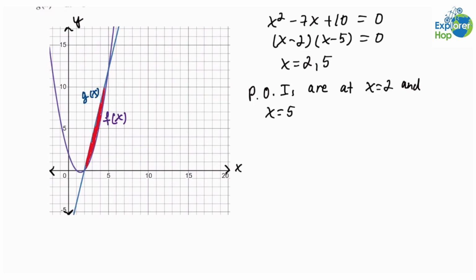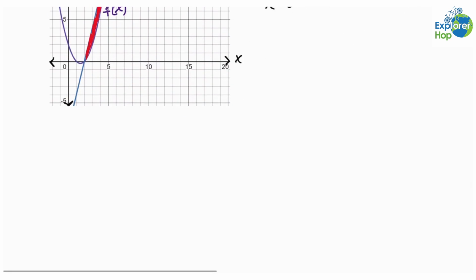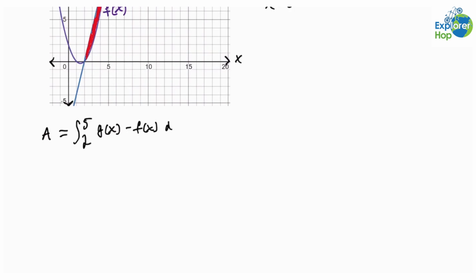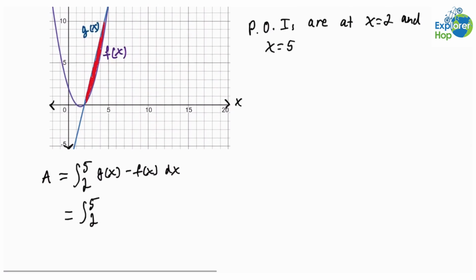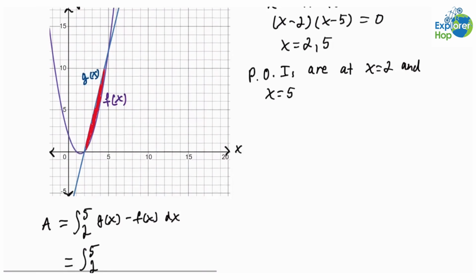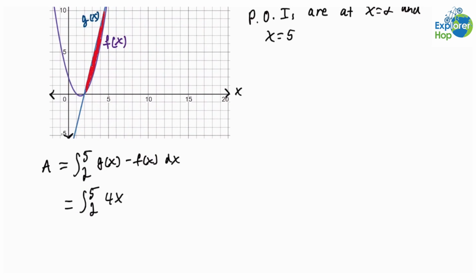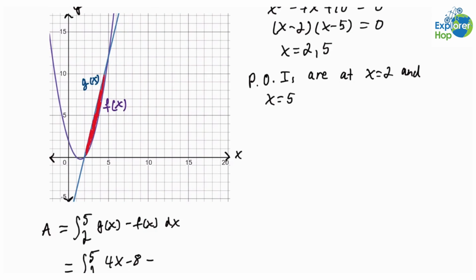And from here, since g of x is greater than f of x, between x equals 2 and x equals 5, then we have that the area of the shaded region is equal to the definite integral from 2 to 5 of g of x minus f of x, which is equal to the definite integral from 2 to 5 of g of x, which is 4x minus 8, minus f of x, which is x squared minus 3x plus 2.